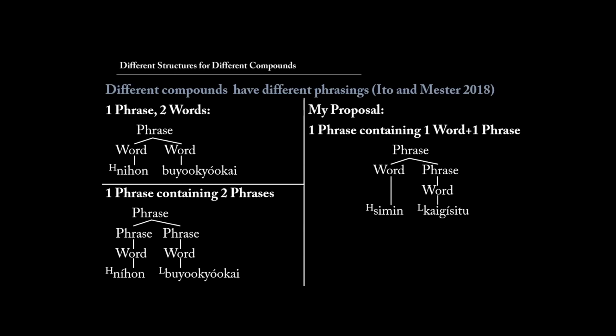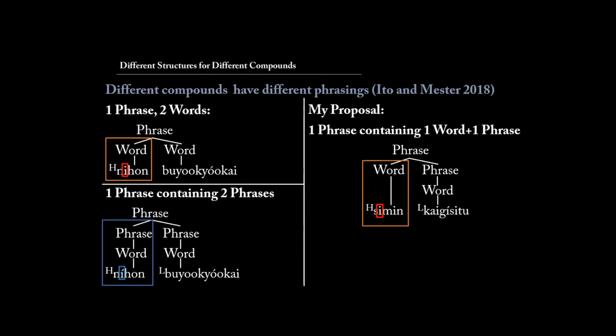Now, the proposal of these different structures leads to different predictions because they have different structures. So if we consider the left branch on each structure, the ones in orange have the same structure, it's just a word on top. And so we'd expect them to have the same characteristics in terms of accent. And we see this in the fact that neither one has an accent.